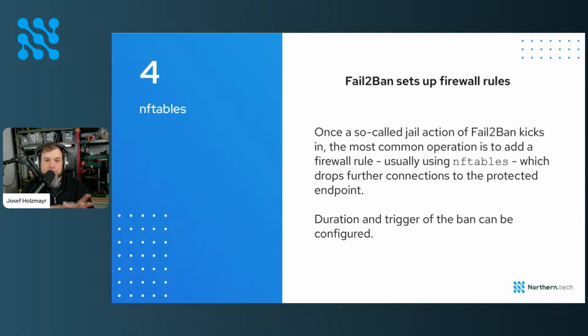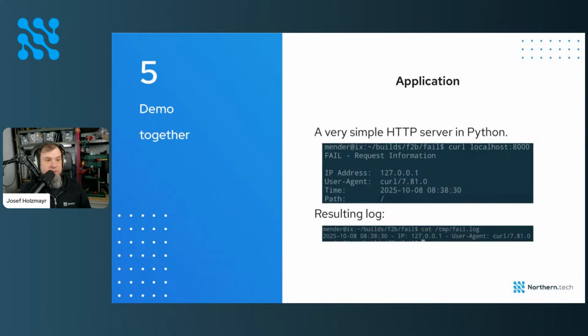But there's nothing that keeps you from saying, hey, I also want to send a notification somewhere, or I want to send an email, or I want to shut down my device, or whatever else. So keep in mind that Fail2Ban is essentially a log to action mechanism, and the default action is just banning. In the most common case, it uses nftables to just get stuff done.